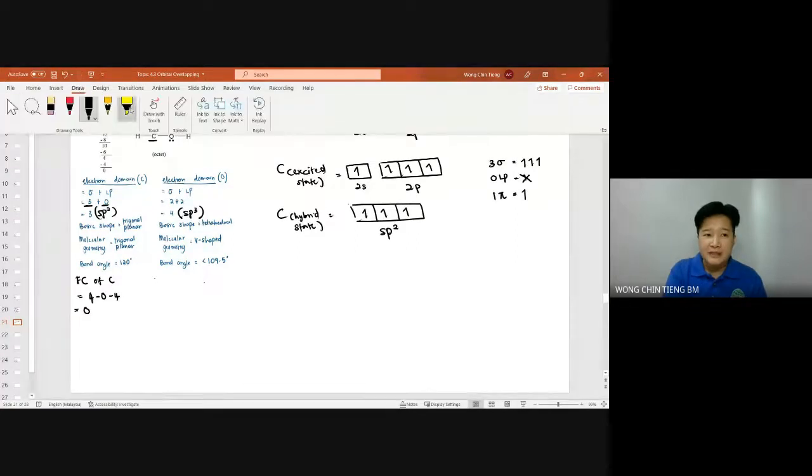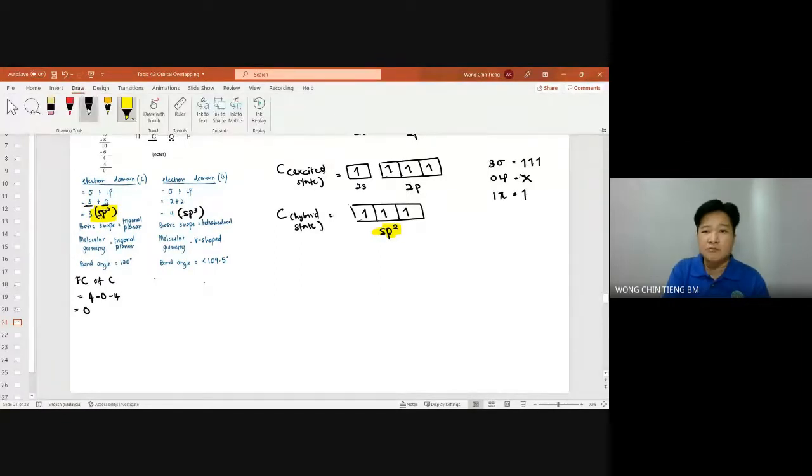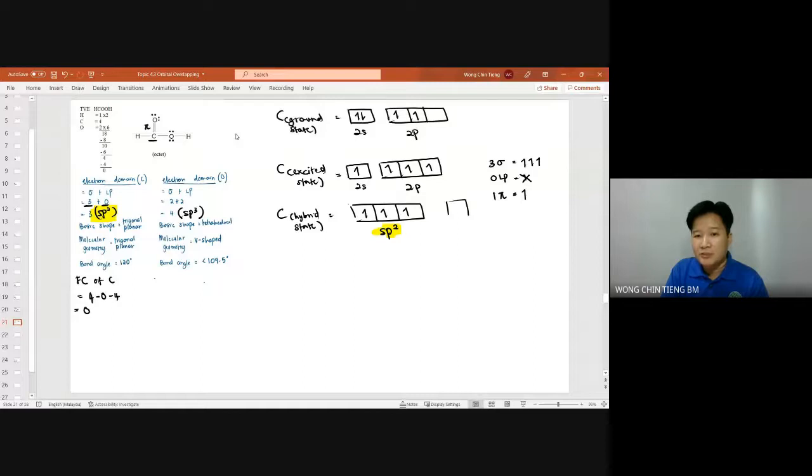Back to the sp2 over here. Okay. So satu lagi yang kamu tinggal kat sini will be your unhybridized p orbital for your pi bond. That is your unhybridized p orbital. Agree so far? Are we still together? Betul semua yang saya buat? Setuju dengan apa yang saya buat? Faham apa yang saya buat? Aiman, are we still together?